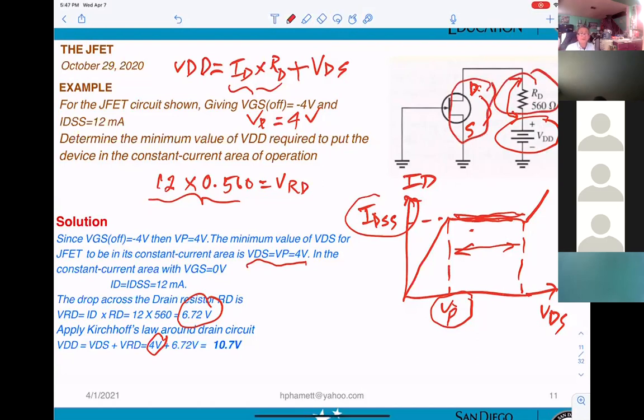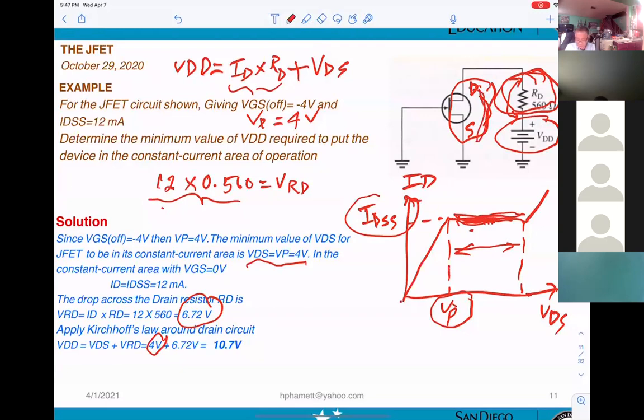Right. Okay, so now when they are working in the constant region here, you can calculate the voltage drop across RD. Take the 12 milliamp times the resistor, you get the voltage VRD. Then you need to know what VDS is supposed to be.